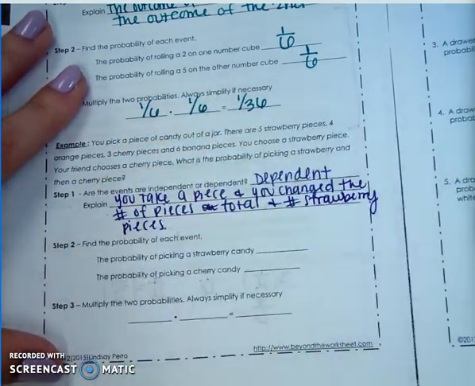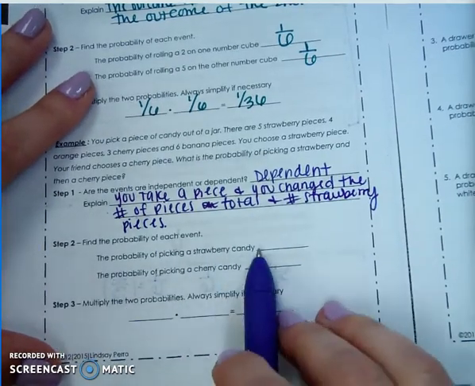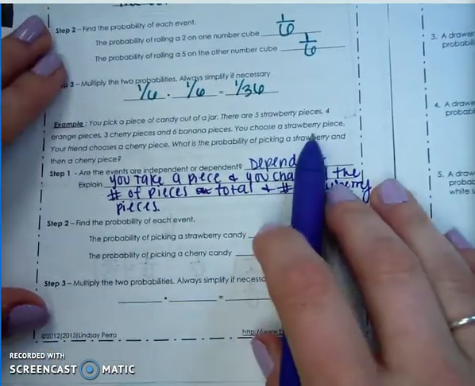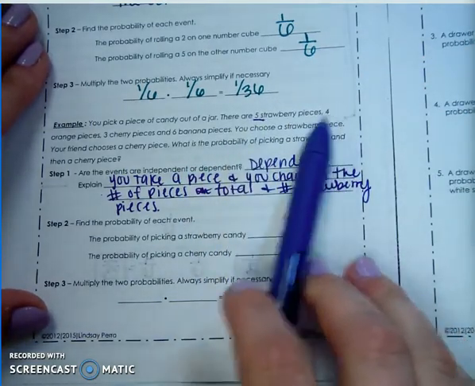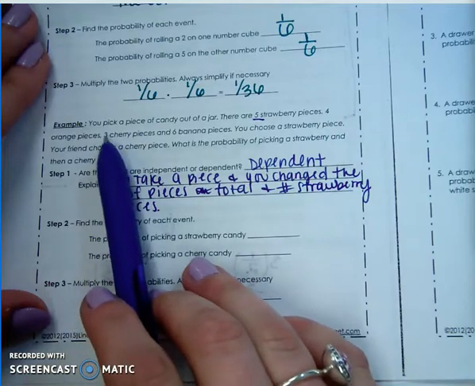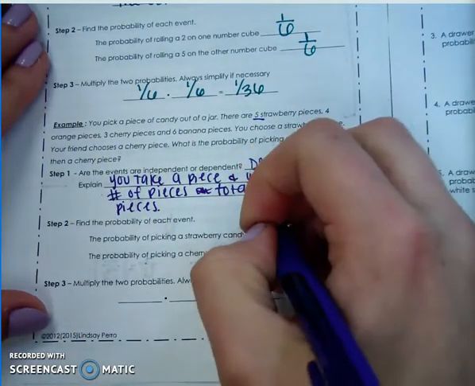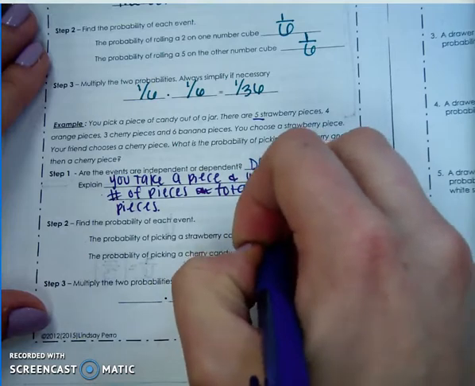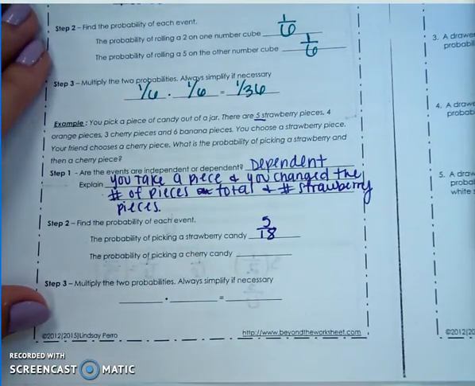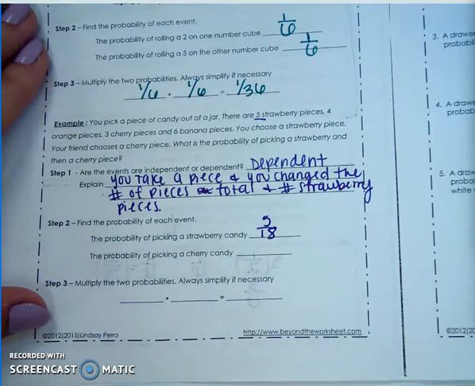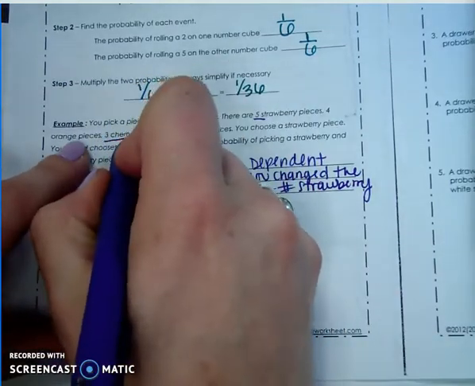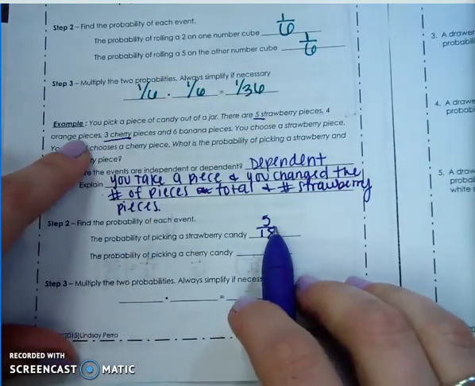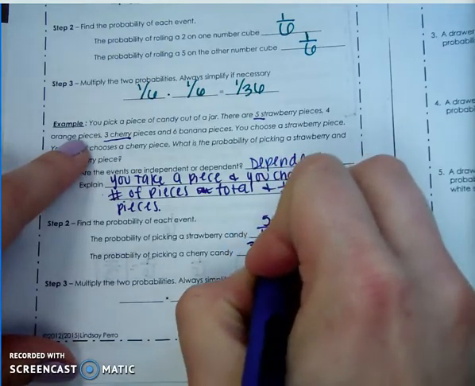All right, good. So the probability of picking a strawberry candy first, how many are there? There are 5 out of, let's see how many total. 5 and 4 is 9, 10, 11, 12, 18. So 5 out of 18 is your probability of picking a strawberry candy first. Then, what's that probability of picking a cherry candy? 3 out of how many pieces are left now, since you already took one out? Out of 17.